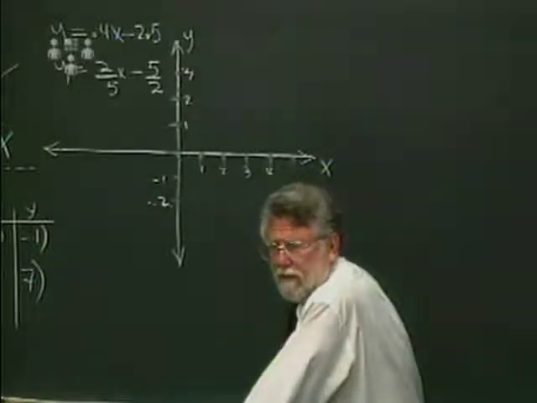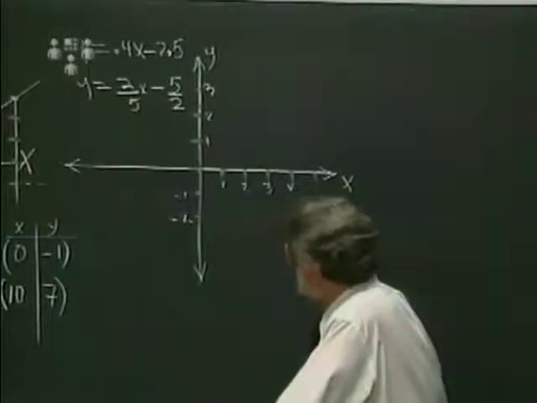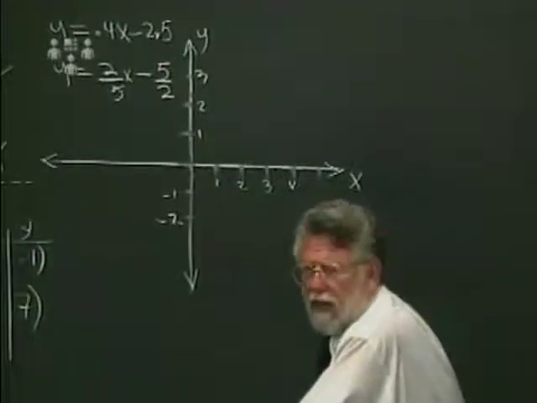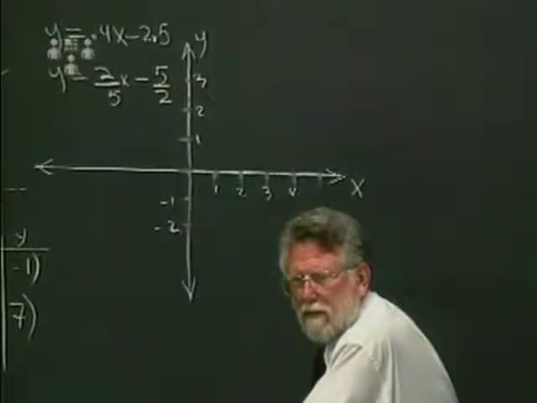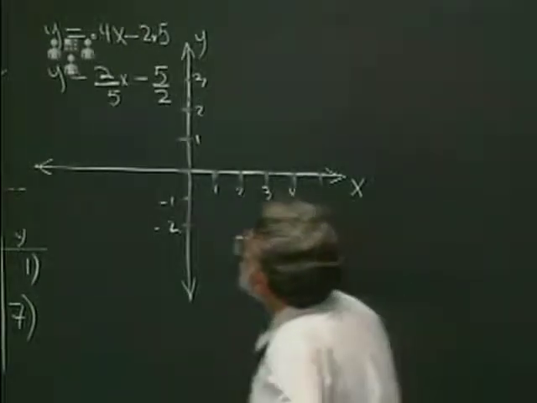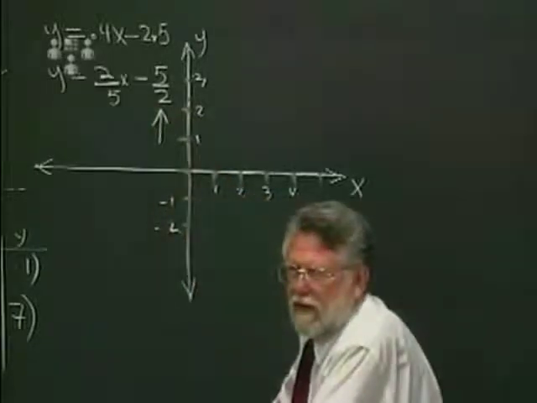Two ways of getting it. Where is the line going to cut the vertical axis? Called the y-intercept. Negative 5/2.